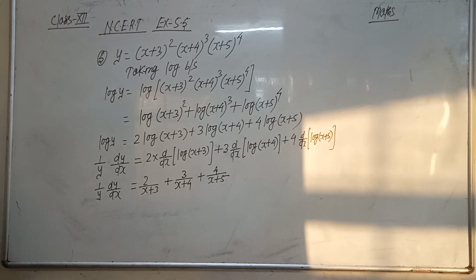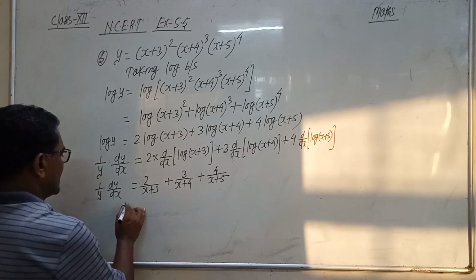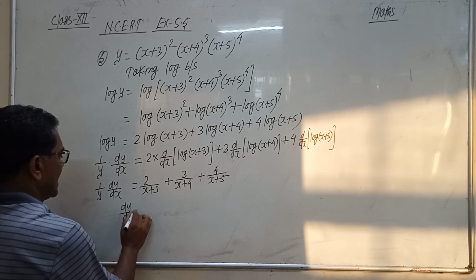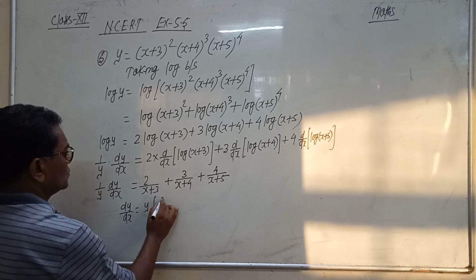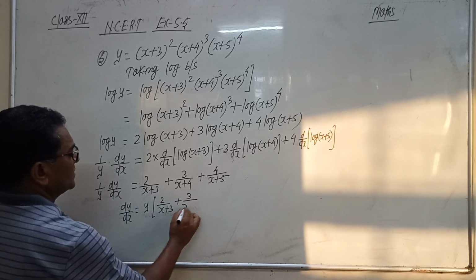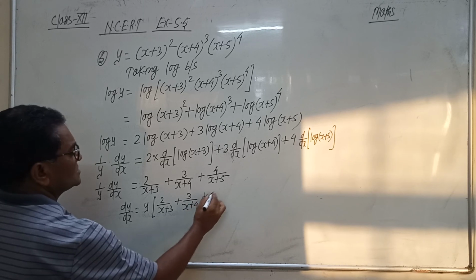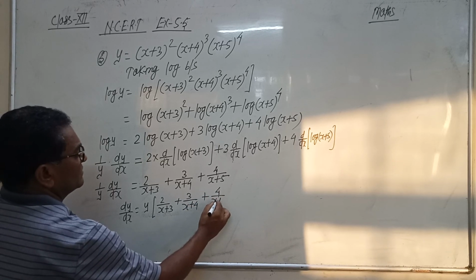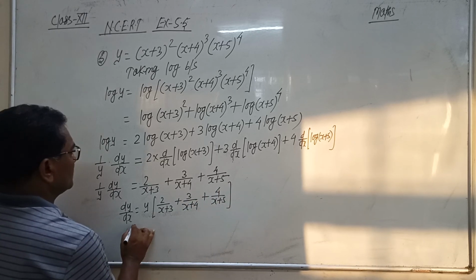Now we transpose y on the right side. So dy by dx equals y times (2 by (x plus 3) plus 3 by (x plus 4) plus 4 by (x plus 5)). Put the value of y.